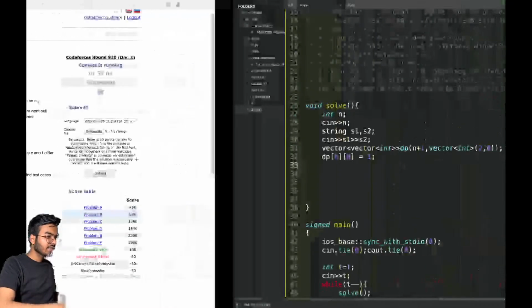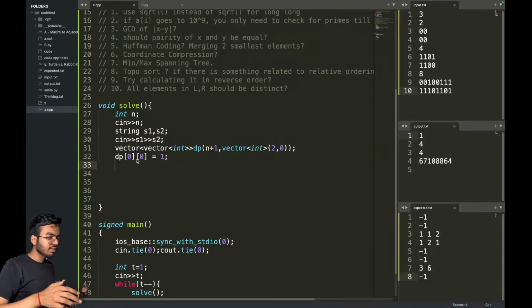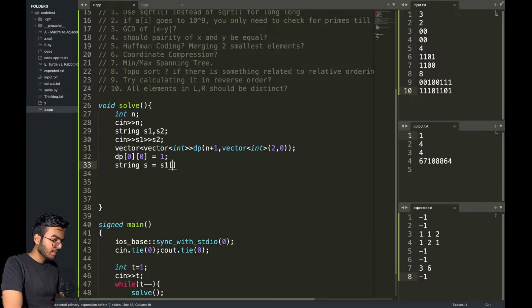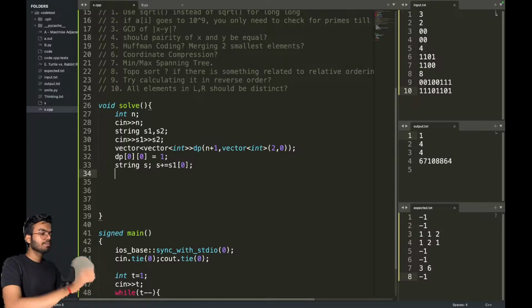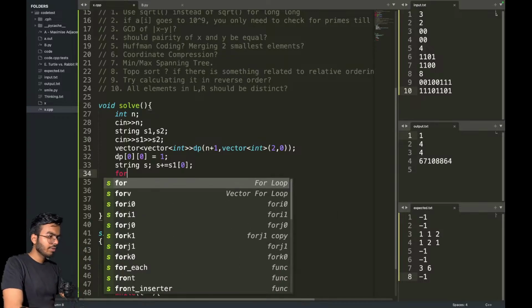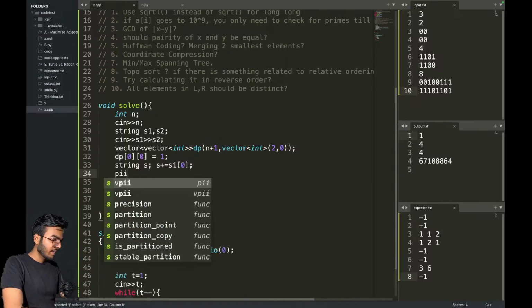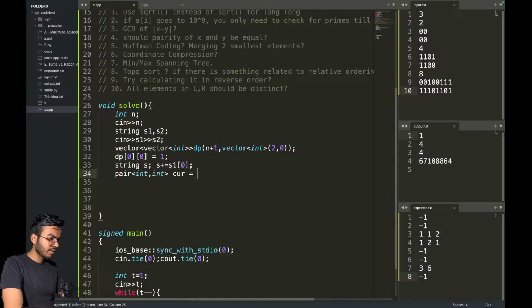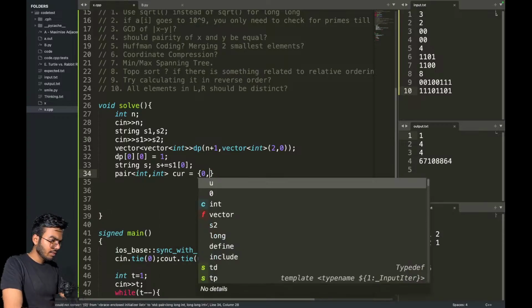So at least first I need to focus on finding the answer string. Let's say string s that is in my answer is equals to s, and s plus equals to s1 of 0. Okay, so I have this. Now let's say pair int current is equals to 0 comma 0.